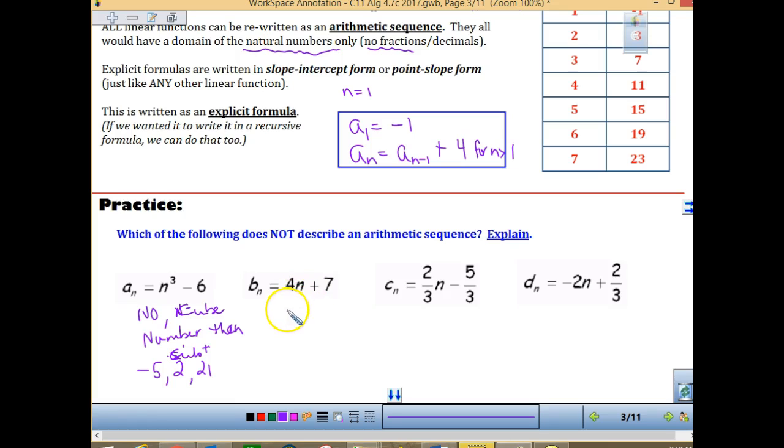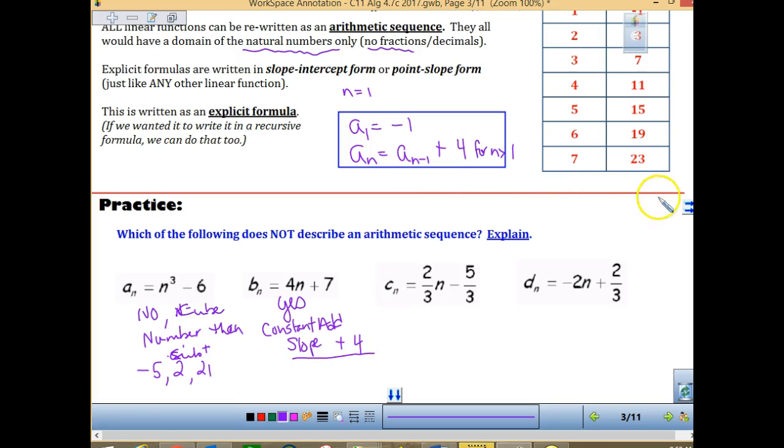How about this one? This could be a yes. Why? What's the constant addition? What is our constant number that we are adding? What's our slope? 4. Slope is 4. We are adding 4 on each time.